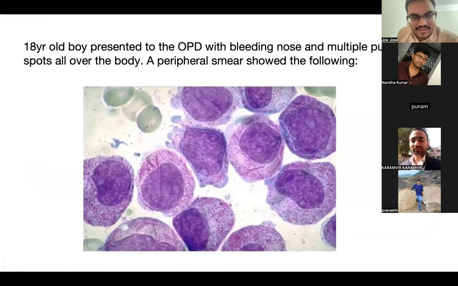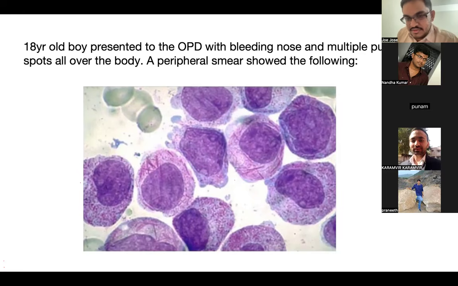So this is a peripheral blood smear, which is showing likely APML, sir, because of Auer rods. So when you get a peripheral smear, don't say the diagnosis upfront. First describe the peripheral smear. This is showing WBCs, likely immature.